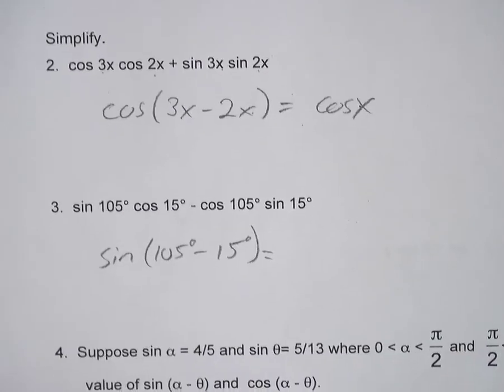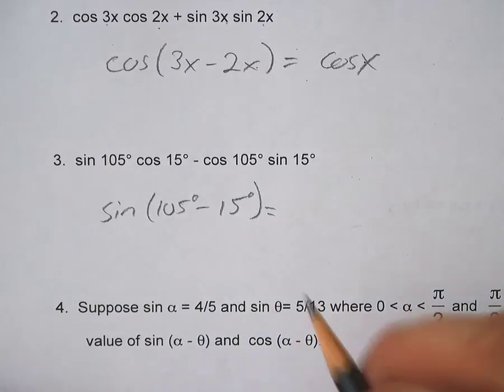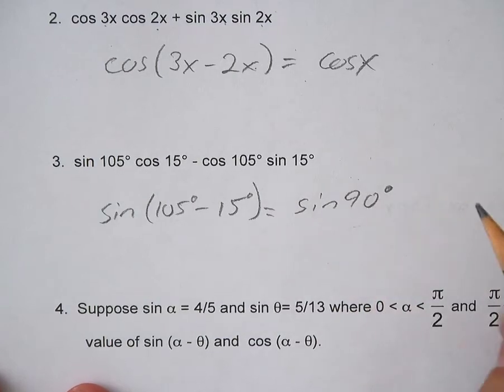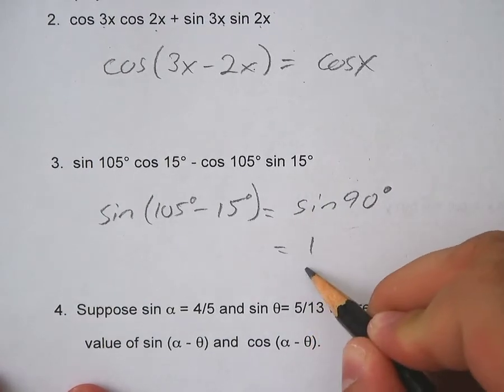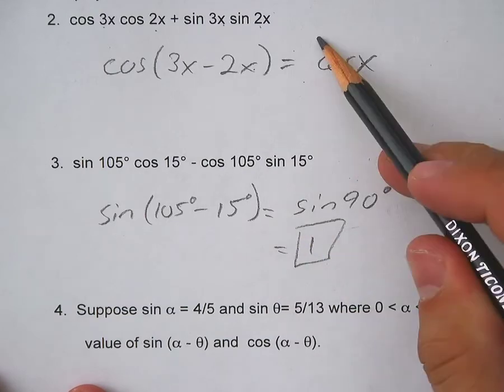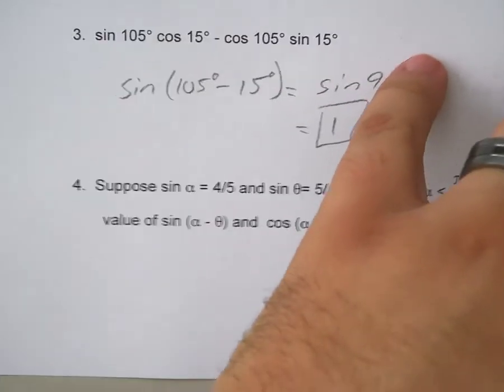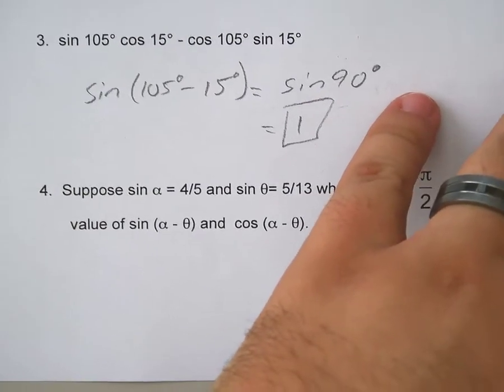And 105 minus 15 is the sine of 90 degrees, which is 1. So it's a way to simplify these really complicated problems.